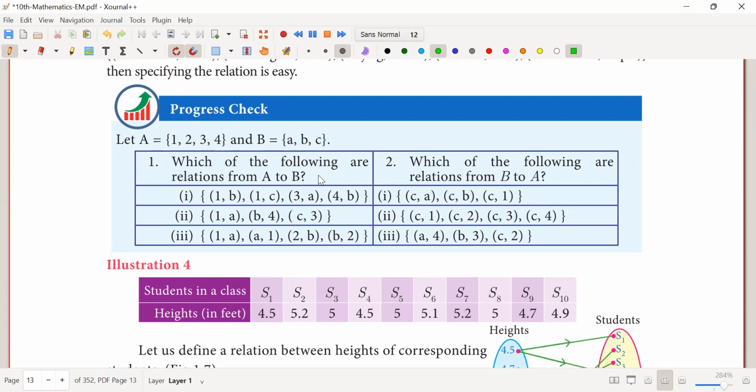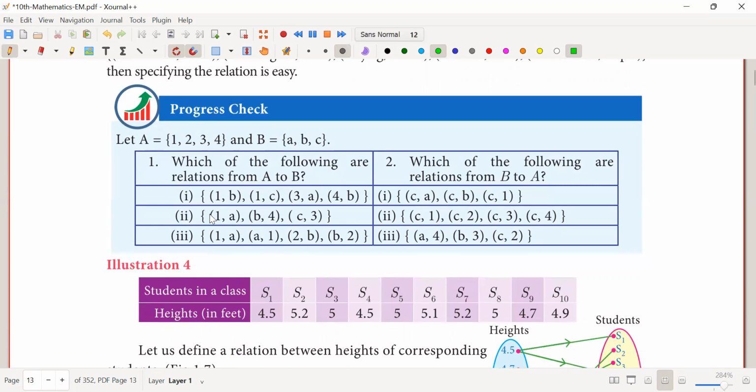New Delhi, capital of India; New Delhi, northern India; New Delhi, India. Both are valid, there can be a relation. 1 can be related to C also. It's not a problem. Definitely, it's not a problem.